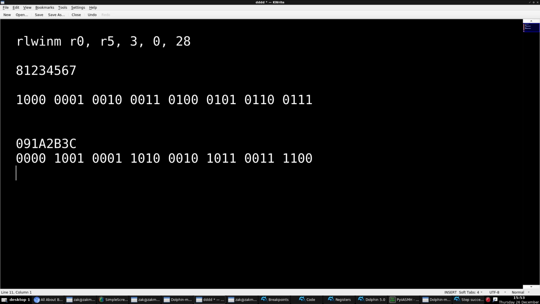Now what you do is you take the mask and you logically AND it. Like this. And if you logically AND, remember what I said, 0 and 1 is 0. 1 and 0 is 0. The only way you can have a result of 1 is you have 1 and 1. 0 and 1, 0. 1 and 0, 0. 1 and 1 is 1.